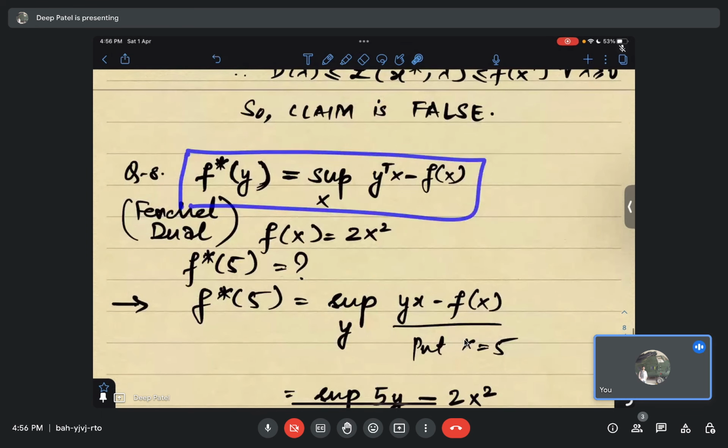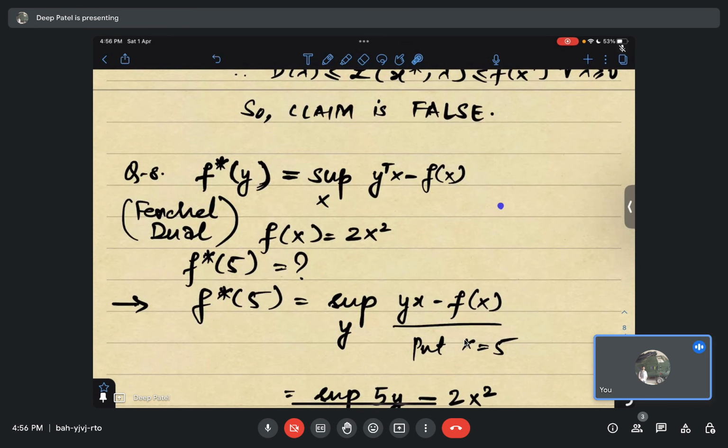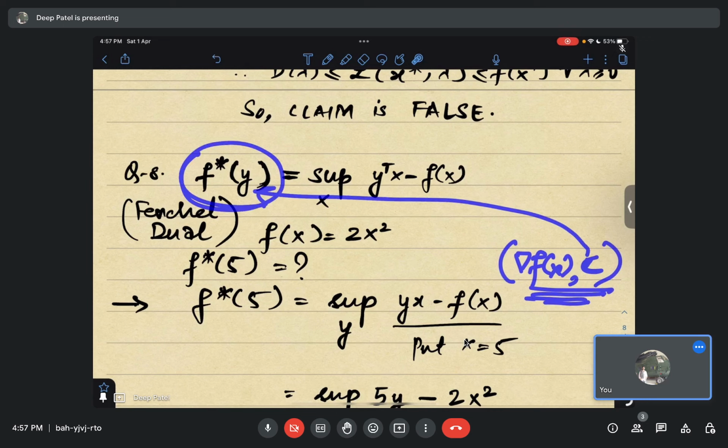But if you remember, I represent by x comma f of x, or what I do is I give a slope, and a corresponding intercept c. So this c is basically my f star, this intercept, and I am given some slope.